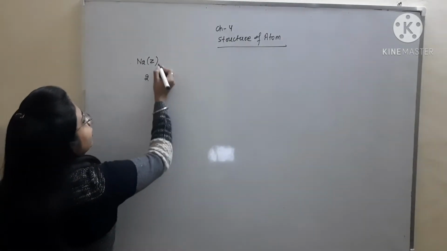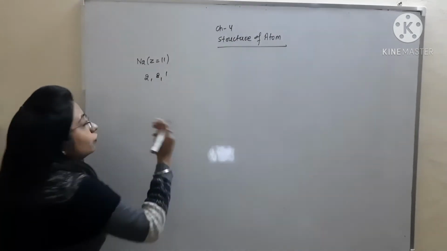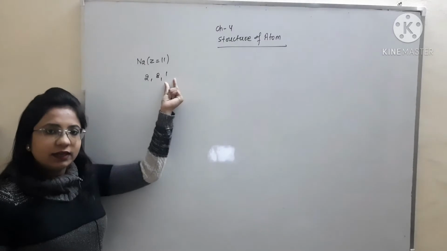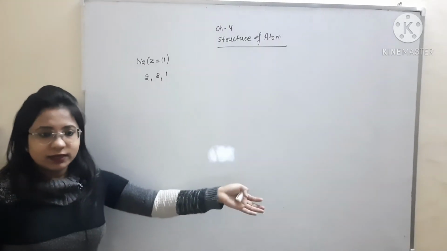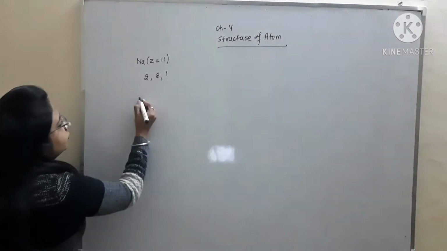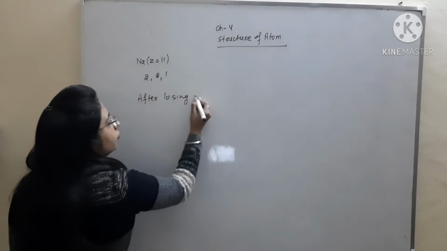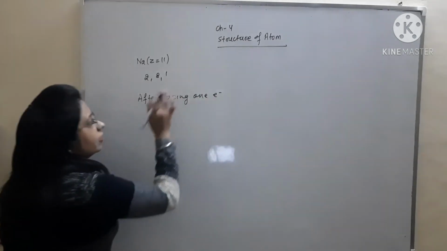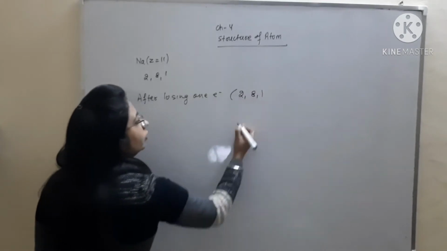Its configuration is 2, 8, 1. It's not stable because it has one electron in its last shell. What will it do? It will lose one electron. After losing one electron, it will attain stability because now its configuration will be 2, 8.